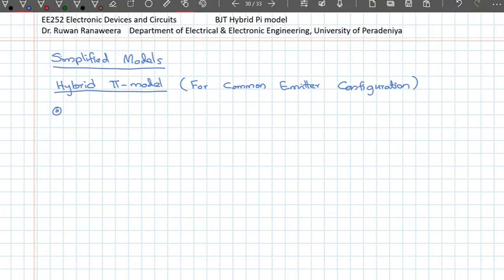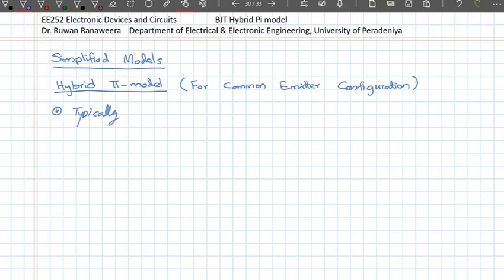So this is used for the common emitter configuration because we can remember that for the H parameter model, HRE, the reverse voltage gain, was rather low, something like 10 to the minus 4, 2.4 times 10 to the minus 4 or something.